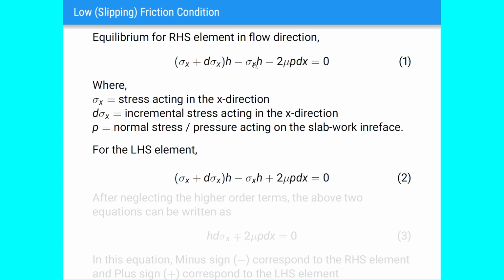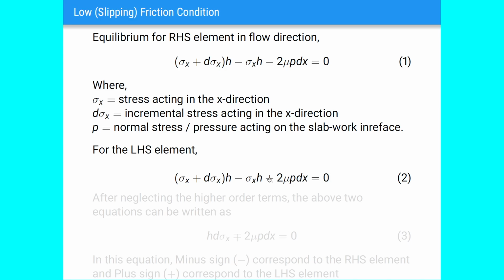would be h into d sigma x minus twice mu p dx. When we consider equation number 1, this will be h d sigma x minus twice mu p dx equal to 0. And in equation number 2, that is for the element in the left hand side, this would be h d sigma x plus twice mu p dx.